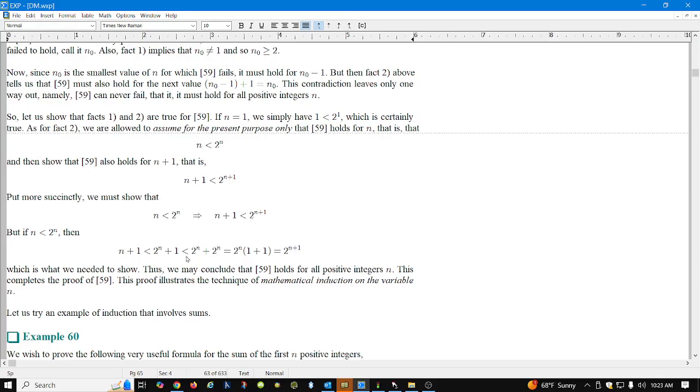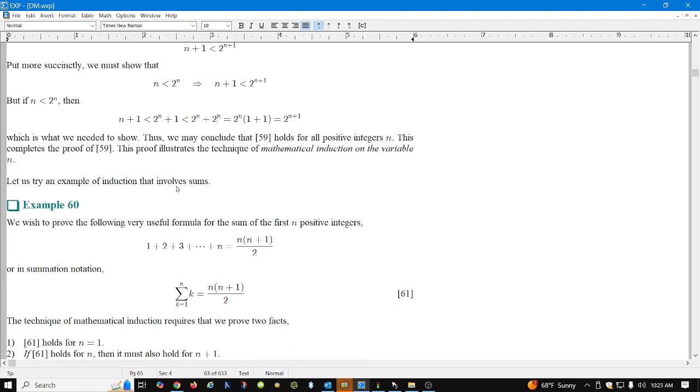It preserves the less than sign. And twice 2 to the n is 2 to the n plus 1. Finished. So that's pretty straightforward. This would be referred to as proof by mathematical induction on the variable n, or simply induction on n.